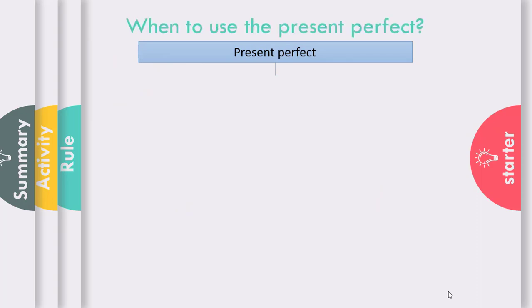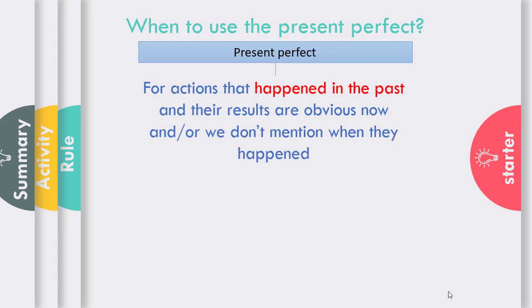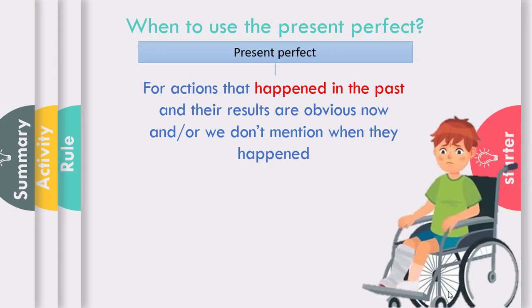So when to use the present perfect? We use the present perfect for action that happened in the past, and the results are obvious now, and we don't mention when they happened. For example, he has broken his leg.